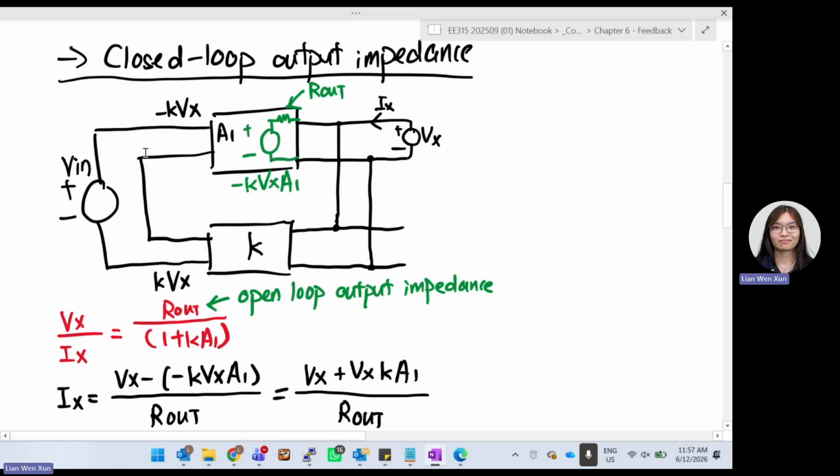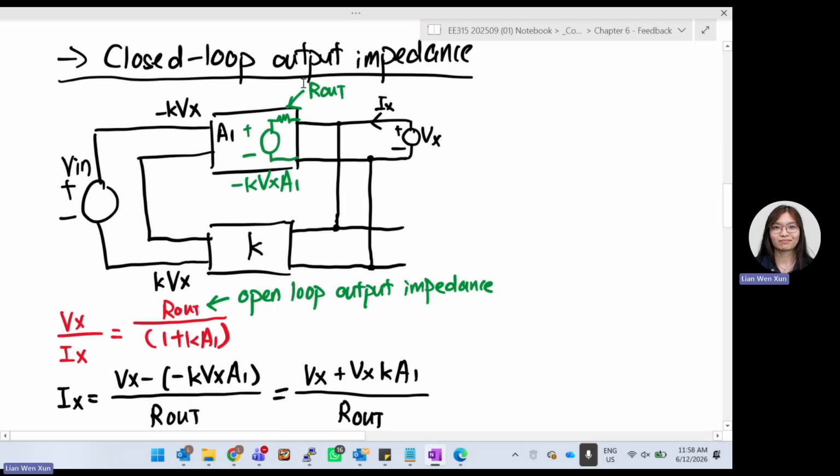Take note that to apply a test voltage, usually I will need to ground everything else. So my input is grounded. If here I got KVx, up there I am supposed to have negative KVx. So my amplifier will get a voltage of negative KVx A1.